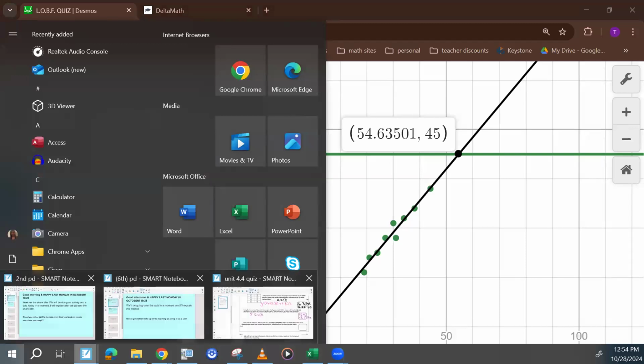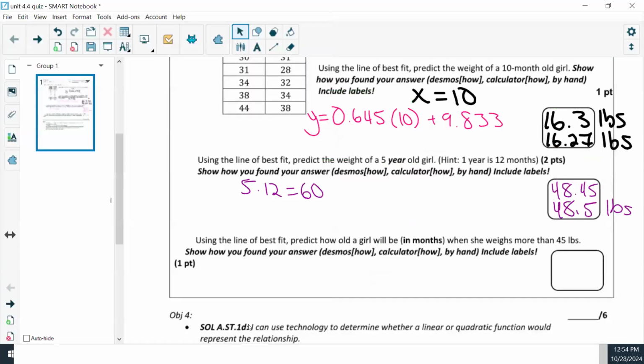So if you were doing this by hand, you would change this to 45 points. So 46 is probably too much, so maybe between 45.1 and 45.5. More than that would be less accurate.